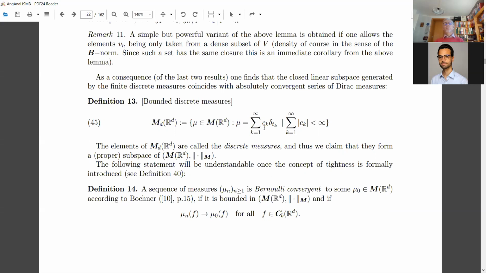One is this freedom of choice of those points, which appears to be annoying. On the other hand, the convergence should be in the very strong sense. So you've seen, you're not getting a limit of Dirac measures by the norm convergence. So that's actually helping us out. Intuitively, you can say, well, all the points that appear in this sequence have to have a chance to appear in the limit, and no other point can appear in the limit.